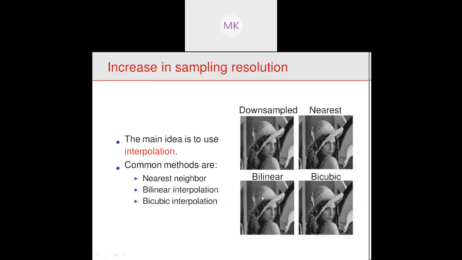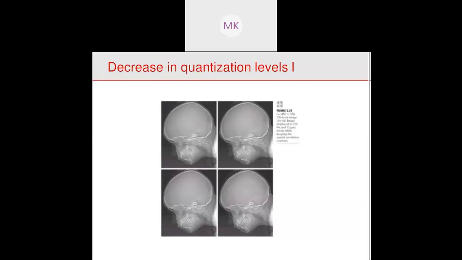So in order to increase the sampling resolution, we perform interpolation on the given image, whereas in order to reduce the sampling resolution, we apply downsampling or decimation. Downsampling and decimation are the techniques used to decrease the resolution, whereas nearest neighbor, bilinear interpolation and bicubic interpolation are used to increase the sampling resolution. Next is decrease in quantization levels.